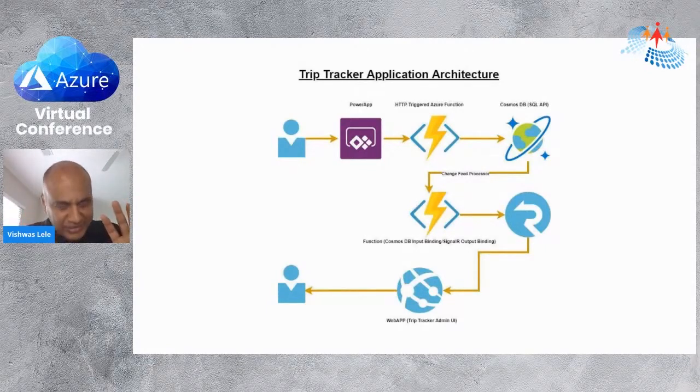And the real scale of this architecture comes by decoupling. One function is writing to Cosmos. Cosmos is sending data to Synapse. Another function, completely decoupled, and that's really the hallmark of a scalable architecture, that you have things decoupled. The other function is waiting for a Cosmos DB change feed, gets a change feed, and then we are not making our administrative interface load and load again and refresh or anything like that. We are pushing that data out over a WebSocket or something similar to our open browser connection and making updates.